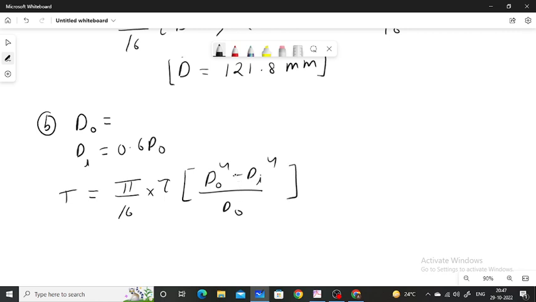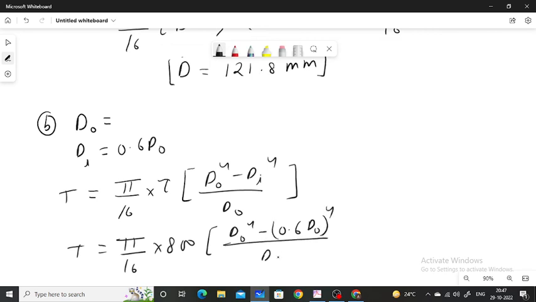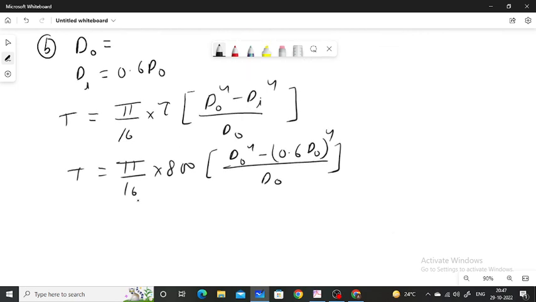Okay. Now T will be equal to pi by 16 into 80 into (d outer to the power 4 minus (0.6 d outer) to the power 4) divided by d outer.